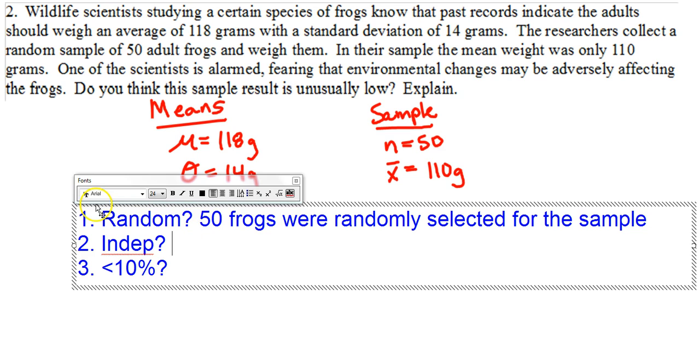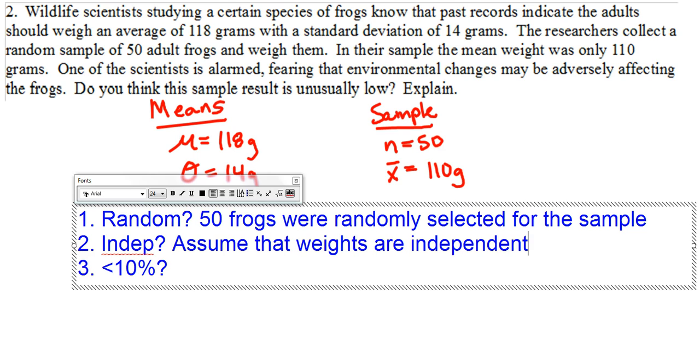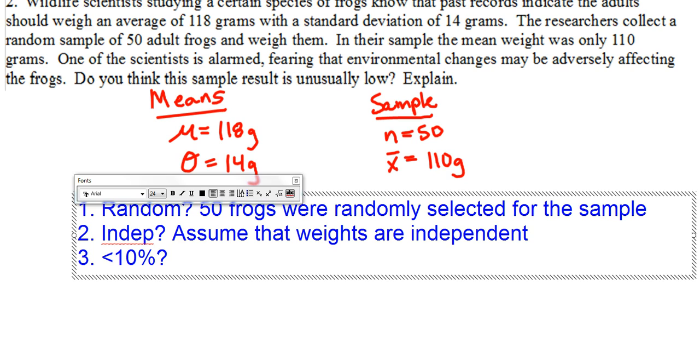Next, we want to address whether the weight of one frog is independent of the weight of another. I think it's okay to assume that weights are independent of one another in this case. If you don't buy that, maybe you can say proceed with caution, but generally weights aren't going to be affected from one to another if we grab a random sample.